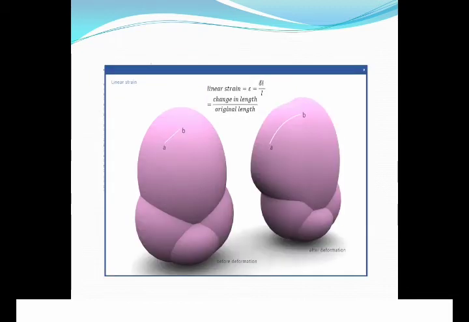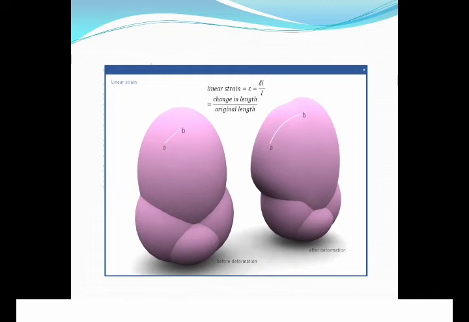When we consider the linear strain, in that case the length AB has changed to A dash B dash. So that is the change in length, when we are seeing before deformation and after deformation. So what is strain? Strain is nothing but change in length divided by the original length, maybe increase in length or decrease in length divided by the original length.